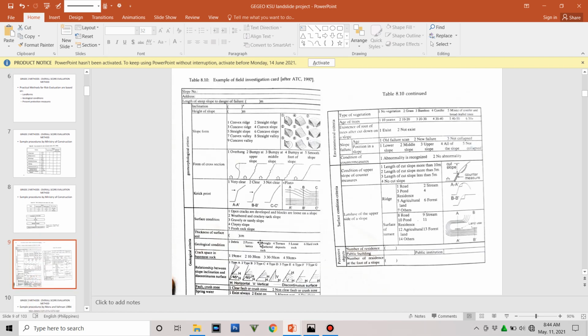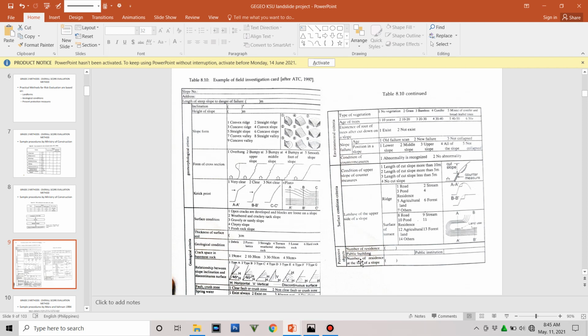So this is actually the tool, the field investigation card, wherein there are figures, the slope form, cross-sectional forms, and then the nick point, the surface condition, the thickness of surface soil, geological condition, the crack spacing, relationship between slope inclination, fault, spring water, age of trees, existence of root, slope failure in terms of age, position in the slope, condition of the countermeasures, condition of upper slope of countermeasures, landslide, land use, okay?